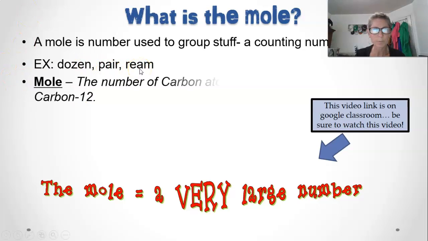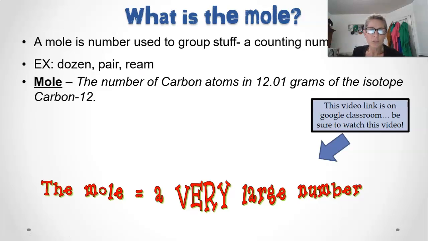It's a lot. So a true definition for the mole is the number of carbon atoms in 12.01 grams of the isotope carbon-12. So if I had 12.01 grams of carbon-12, and I was to count how many atoms made that up, it would be the mole.